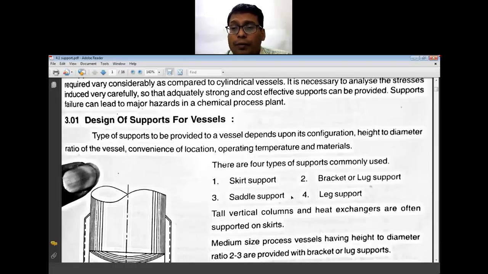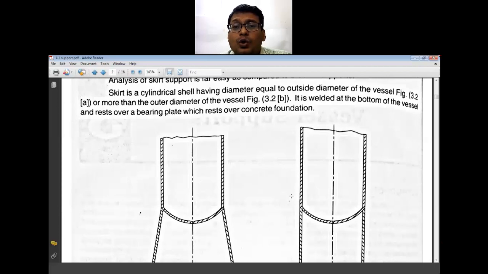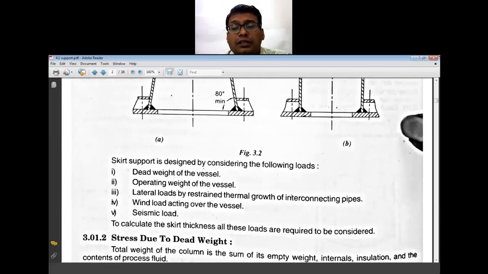The skirt support is used generally for tall vertical vessels. The bracket or lug support is used for vessels with L by D ratio 2:3 and diameter up to 2 to 5 meters.